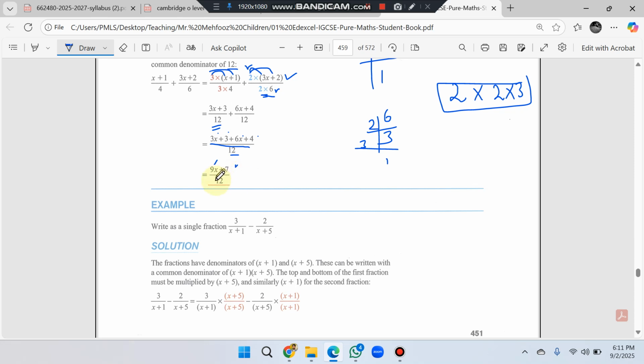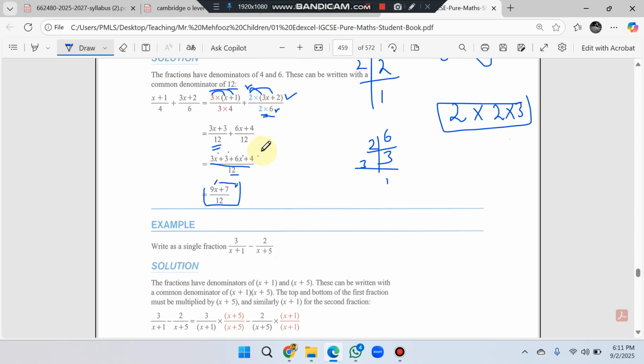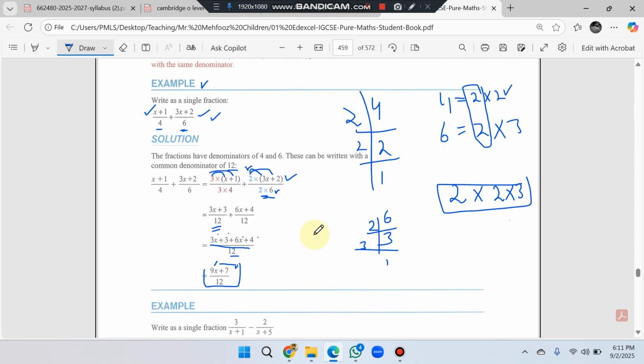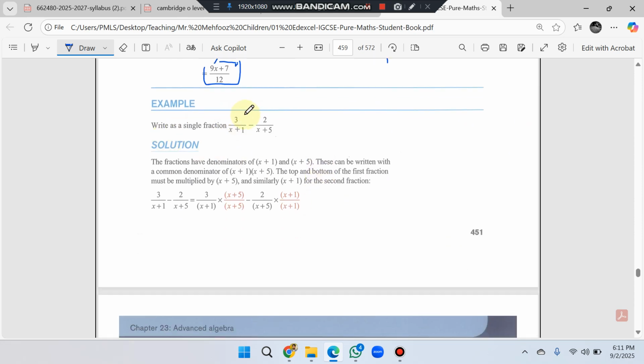So (9x + 7)/12 is the answer when we add these two fractions. Okay, this is your example. Do you understand this example? Yes. Okay, good.